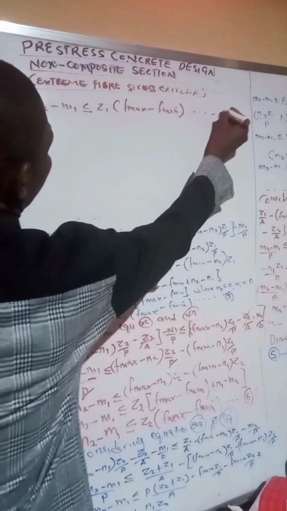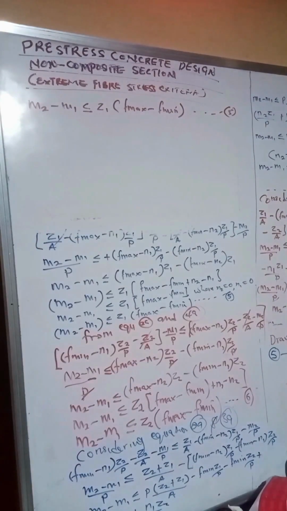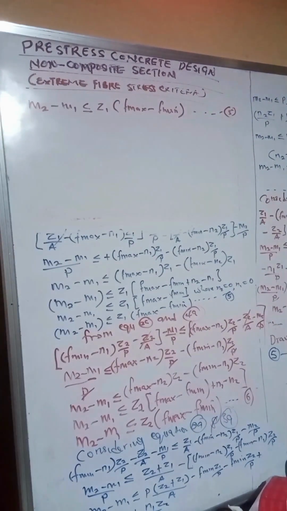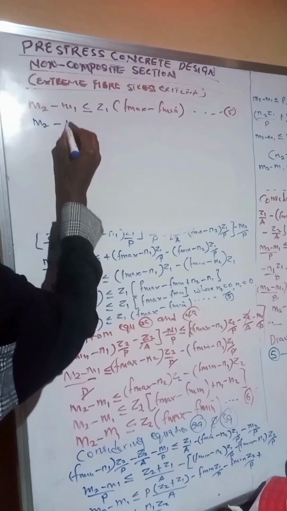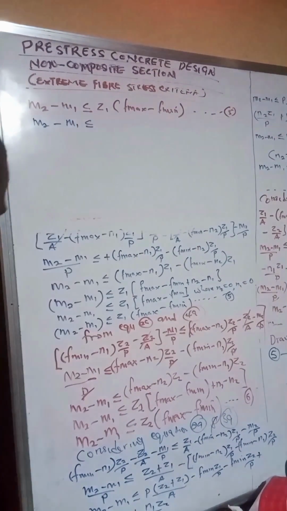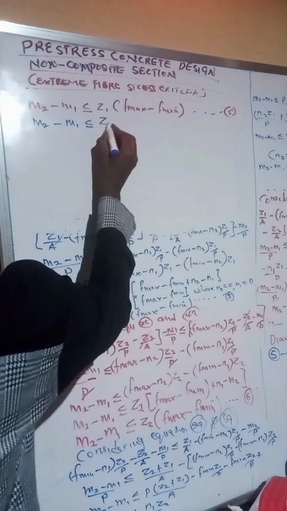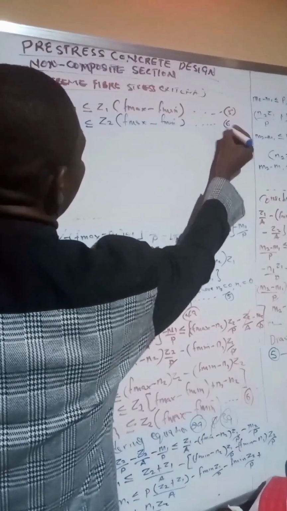This is equation number 5. Now we have equation 6. Equation 6 is m2 minus m1 is lesser than z2. We have that as our equation number 6.